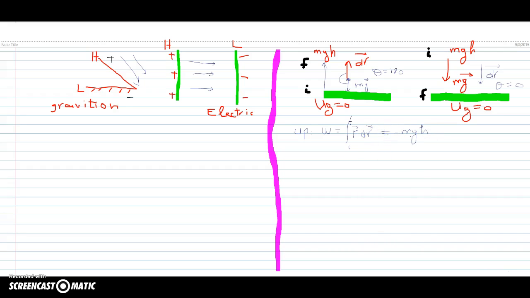And so the work done by the gravitational force when the particle is going upward is negative.